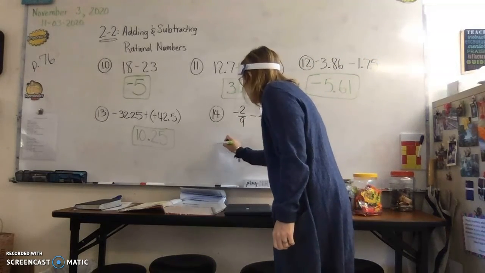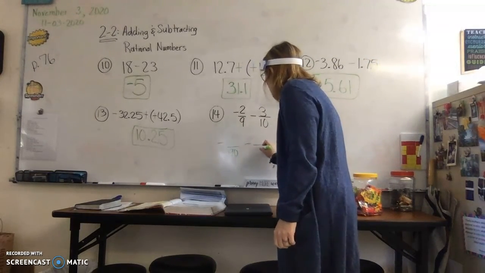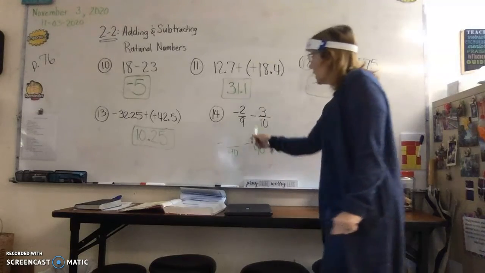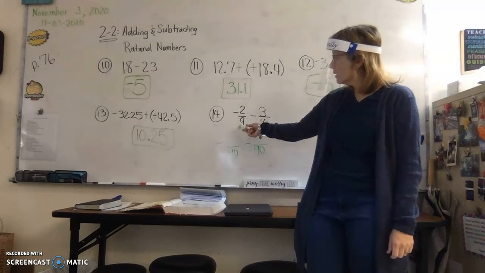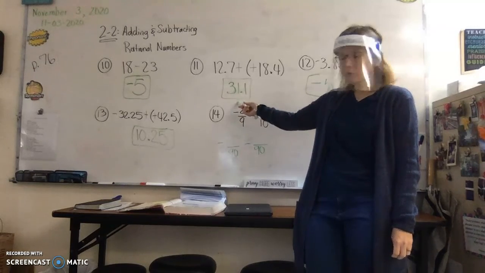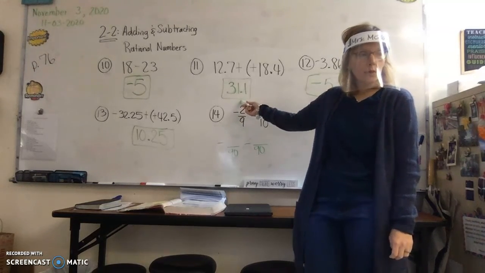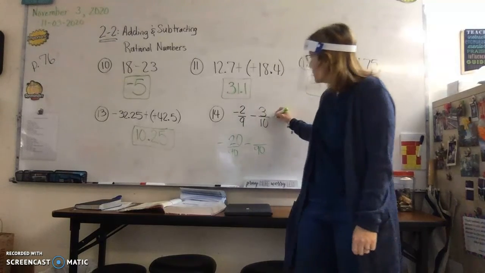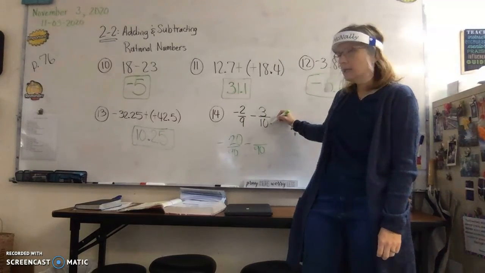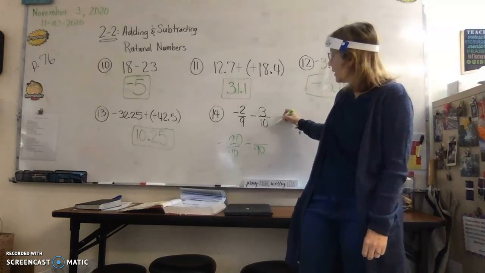And I'm going to make sure I bring down the signs as well so I don't get confused. 9 times what equals 90? 10. So I have to multiply the top by 10. What is 2 times 10? 20. And 10 times what equals 90? 9. So I got to multiply the top.